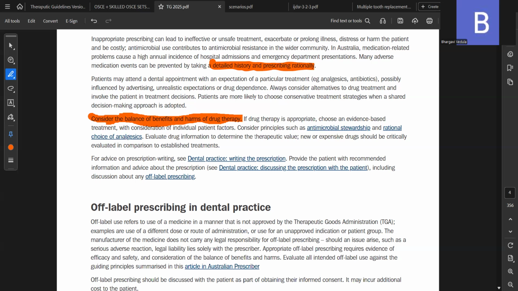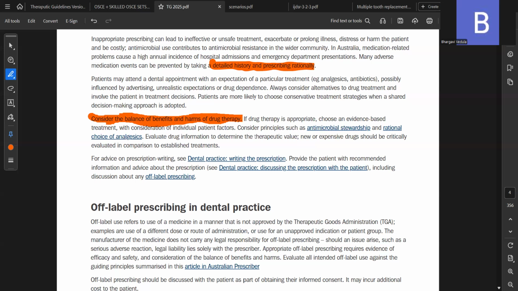So off-label use refers to use of a medicine in a manner that is not approved by the Therapeutic Goods Administration. Examples are use of a different dose or route of administration, or use for an unapproved indication or patient group. The manufacturer of the medicine does not carry any legal responsibility for off-label prescribing should an issue arise.